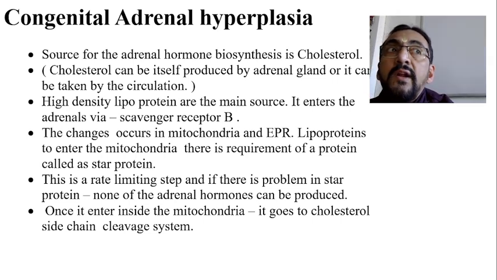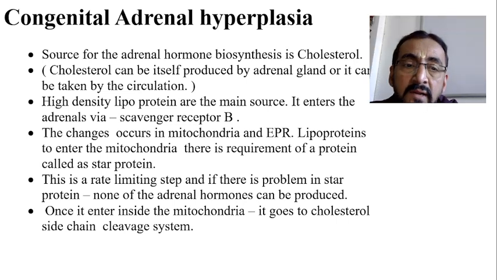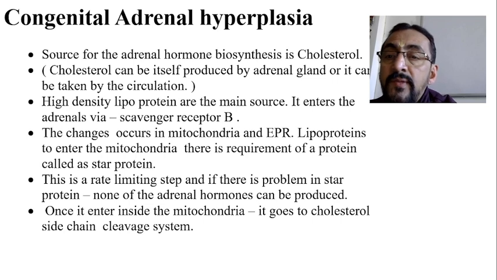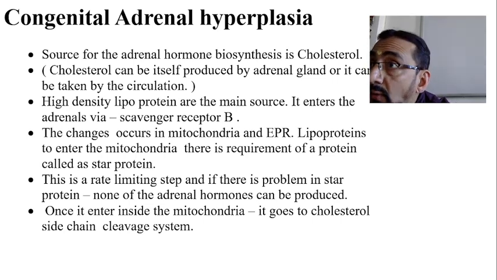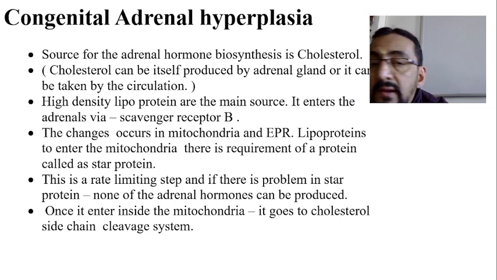If too many adrenal hormones are produced, one way of controlling it is blocking the StAR protein. If StAR protein is not there, none of the hormones are produced. Once it enters the mitochondria, it goes to the cholesterol side chain cleavage system.